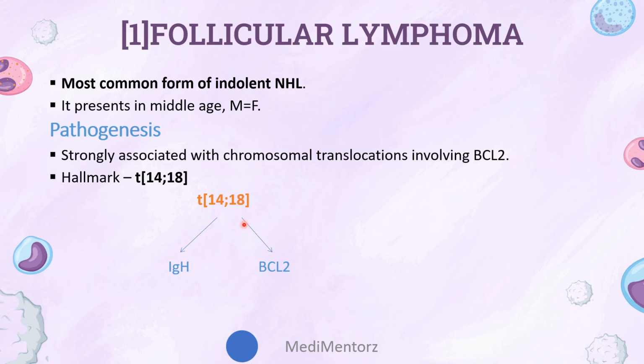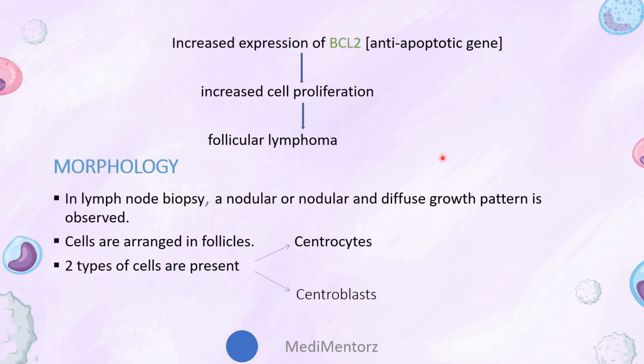Okay. And one simple rule you should remember is that whenever the IGH locus is translocated next to any other gene, it increases the expression of the other one. Here you can see IGH and BCL2 translocate, and BCL2 expression is going to be increased because it's an anti-apoptotic gene.